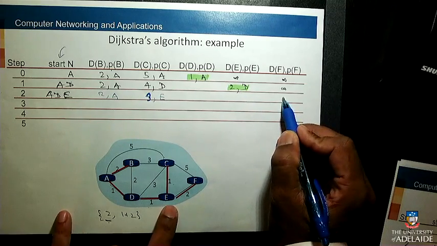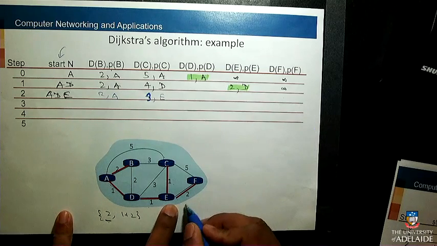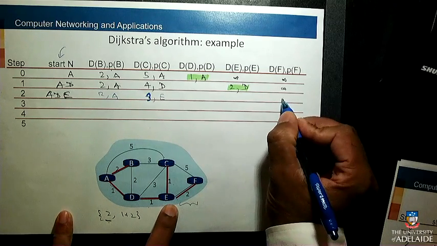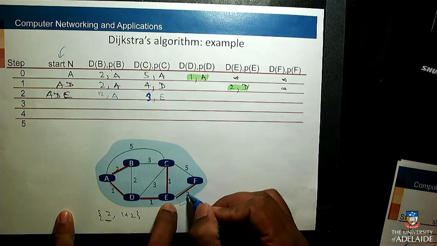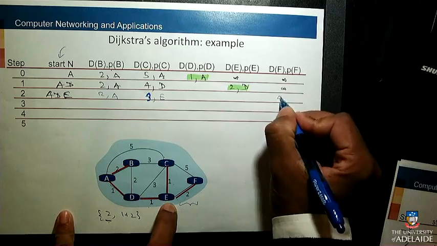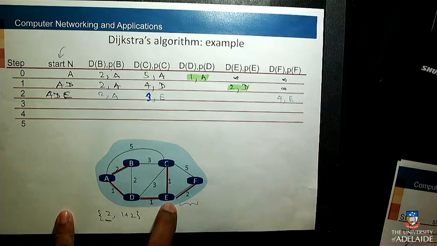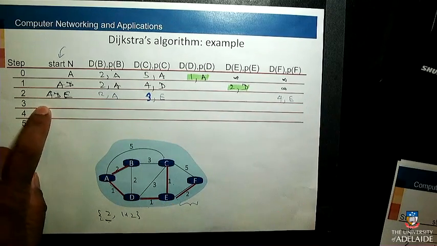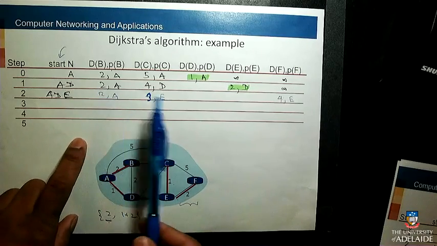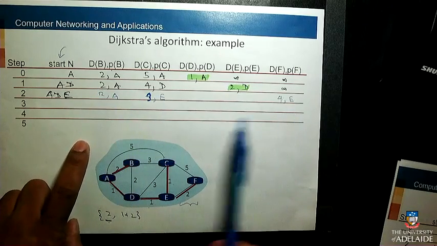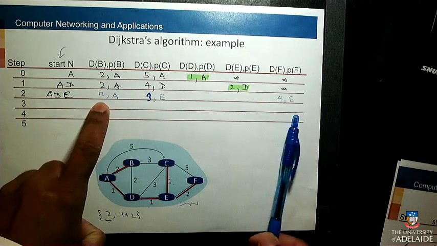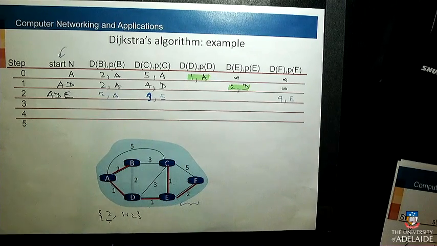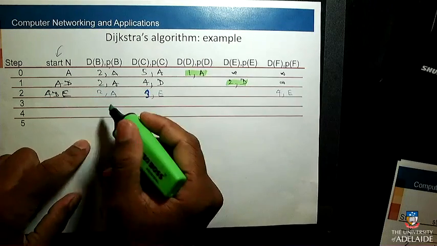E can get to F with a cost of 2, and I can get to E with a cost of 2, so my total cost of getting to F is going to be 4 via E. Now we have a choice of 3 nodes we can look at. We want to pick the least cost path out of the 3 options, which is going to be B in this case.